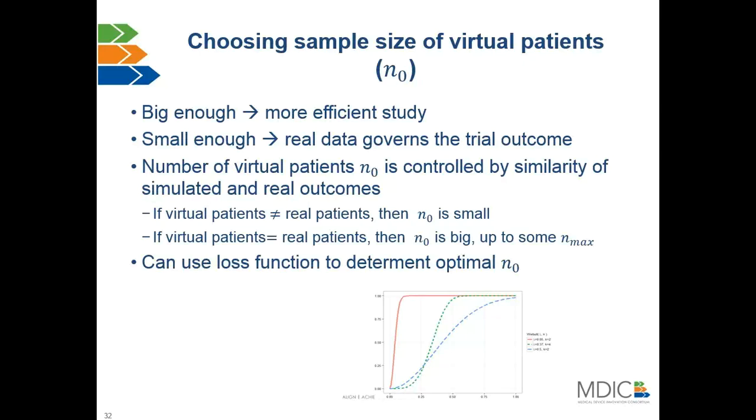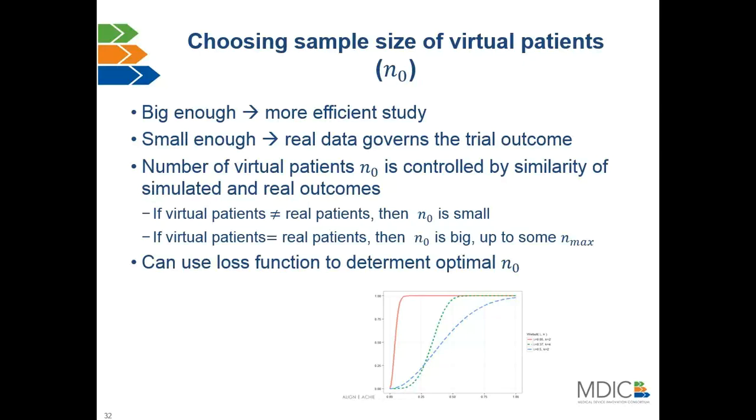But you also want the number of virtual patients to be small enough so that the real data truly does govern the outcome of the trial. So if there are similarities between the two, you want it to be a synergistic relationship, but you don't want the virtual patients to just overpower the real patients, so you basically have a self-fulfilling prophecy at the end of this trial. So it's this kind of tug-of-war effect.